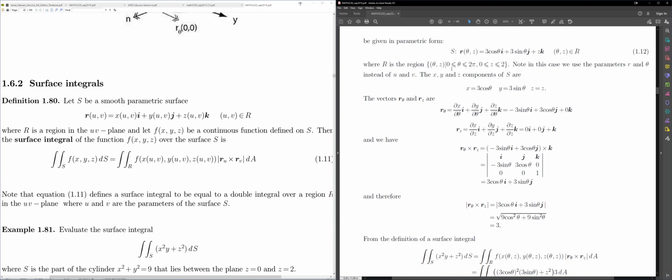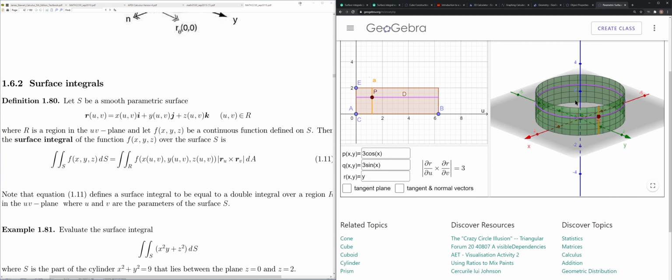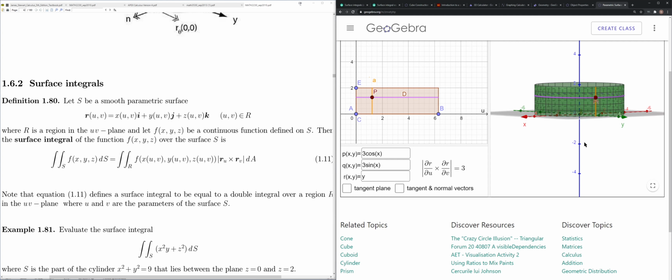Where this parameter space is coming from, we talked about: theta has to go between 0 to 2 pi to go right around the cylinder, and z has to go between 0 to 2 to get your height from z equals 0 to z equals 2.